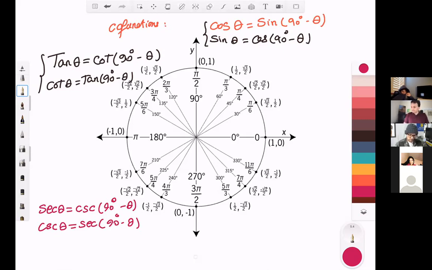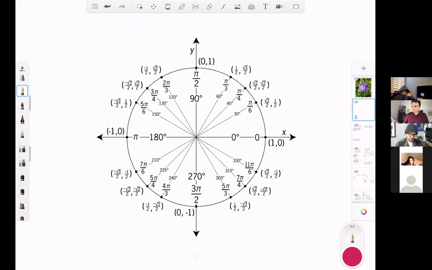Let's have a couple of questions here. True or false? Secant of 24 degrees equals cosecant of 66 degrees.